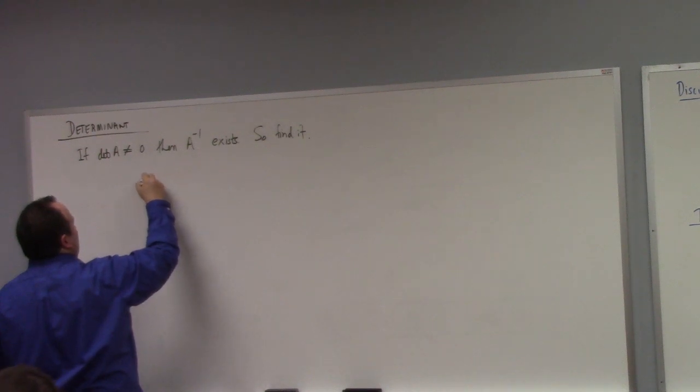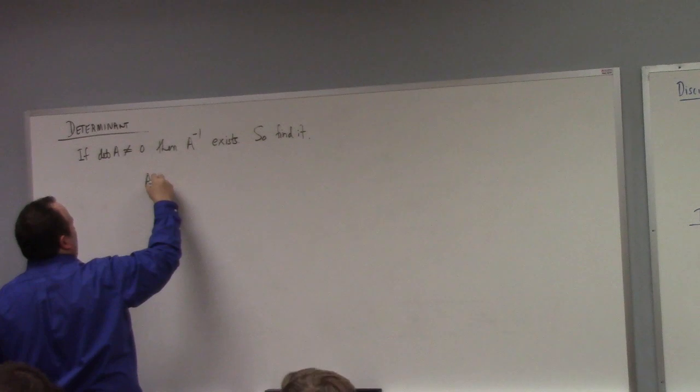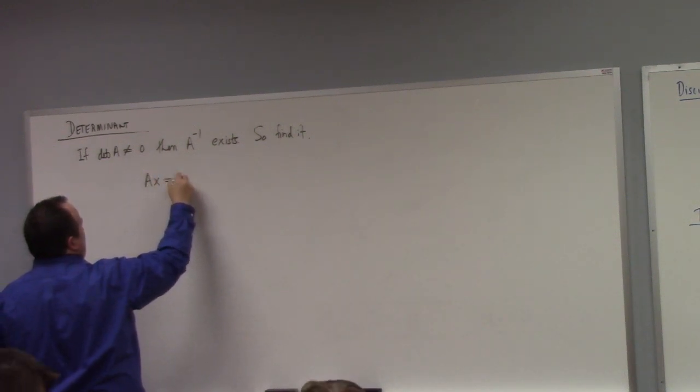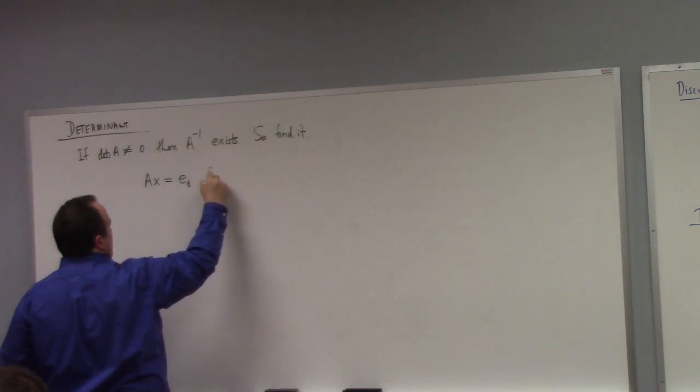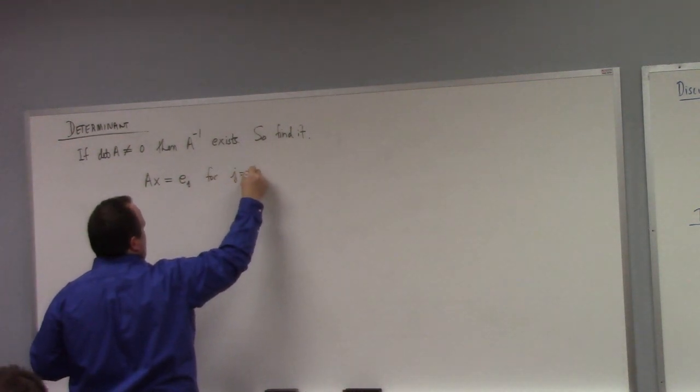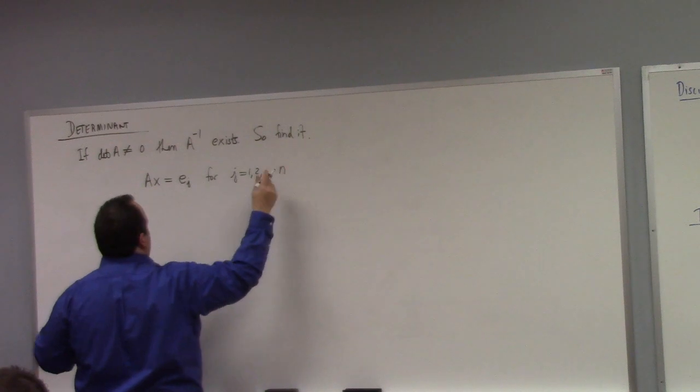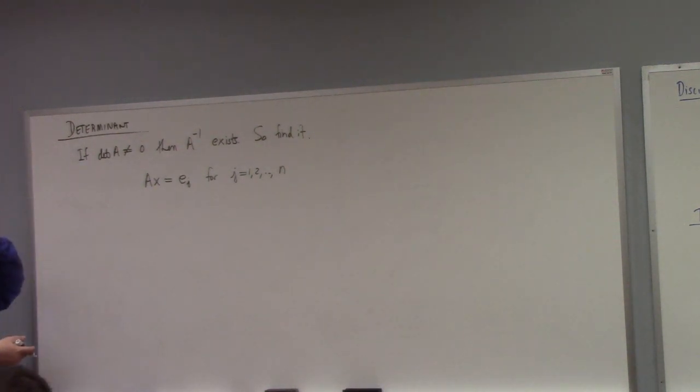Let's think about this. We've got A times what? We're trying to solve AX equals E_j for j equals 1 all the way out to n, right? We've got these n systems.